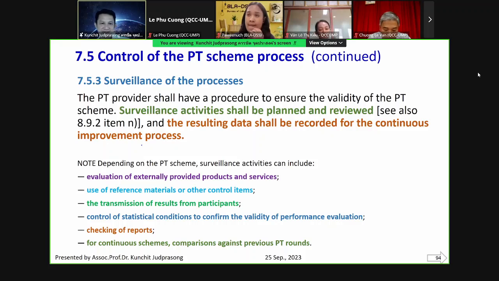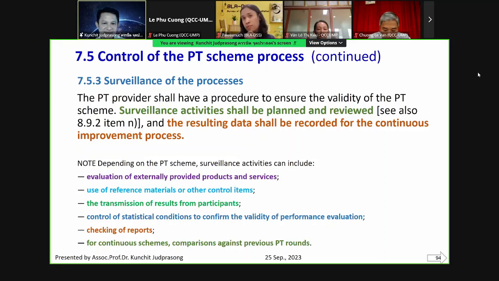So when you run the PT program, you can have someone not involved in the PT program, close to an internal audit. This is the way you can assess in-house the surveillance, your plan and review, and see the improvement that you have.